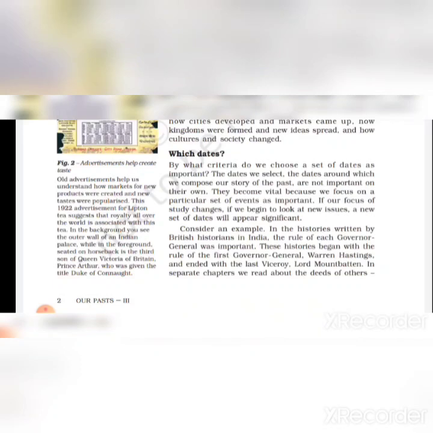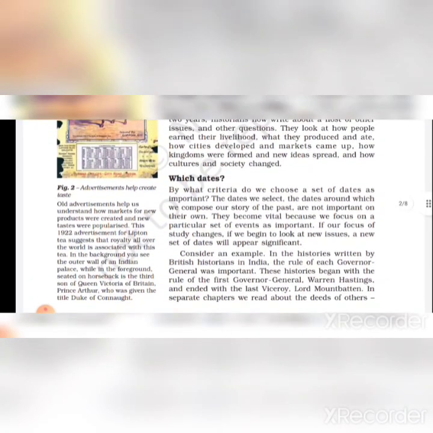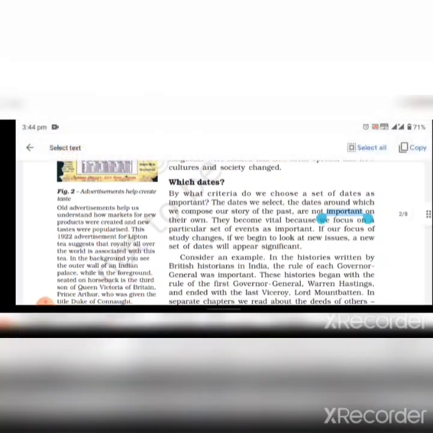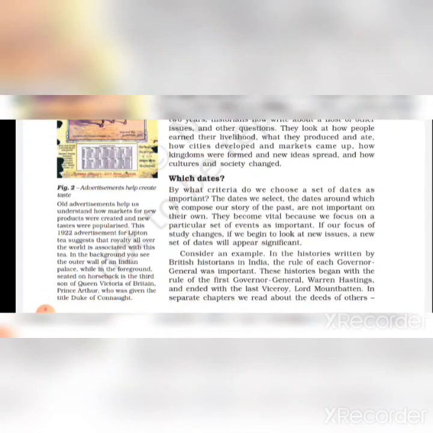In the background, you see the outer wall of an Indian palace, while in the foreground, seated on horseback, is the third son of Queen Victoria of Britain, Prince Arthur, who was given the title Duke of Connaught.